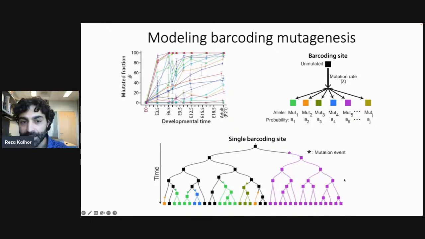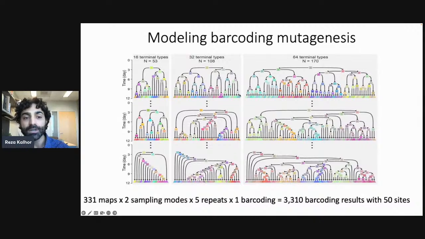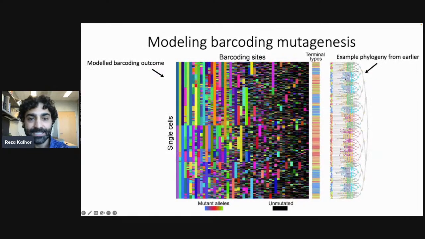So now to come back to this panel, we already had simulated phylogenies, 3,310 phylogenies for this panel of fate maps. Now, on each of those phylogenies, we simulated barcoding using the model I told you, with 50 barcoding sites in every cell. And this is an example of the phylogeny.